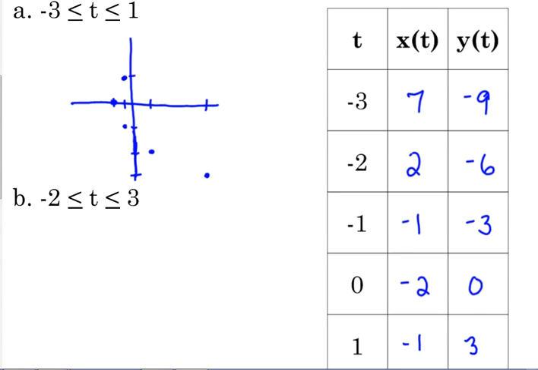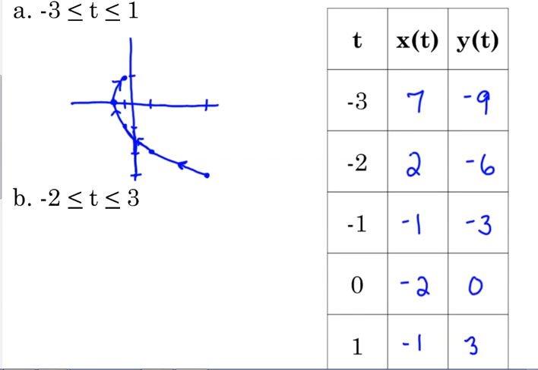So notice t has nothing to do with how I'm graphing this. Now I'm just graphing the x and y points. If I start at my starting point, sometimes you will see parametric equations with arrows on them, and that's just indicating the direction of the motion. We'll just assume that t is time here.